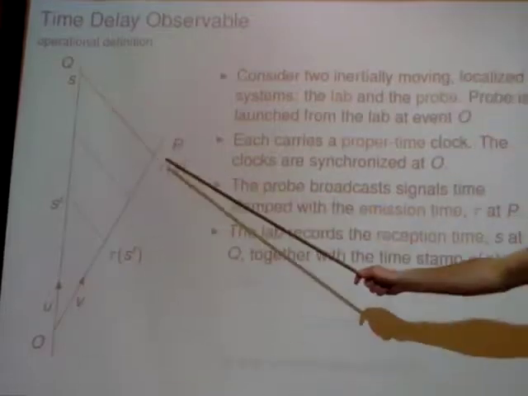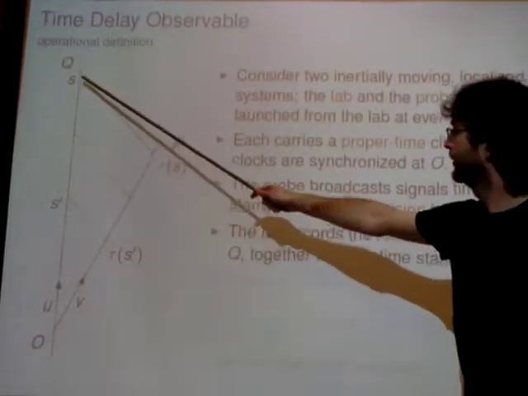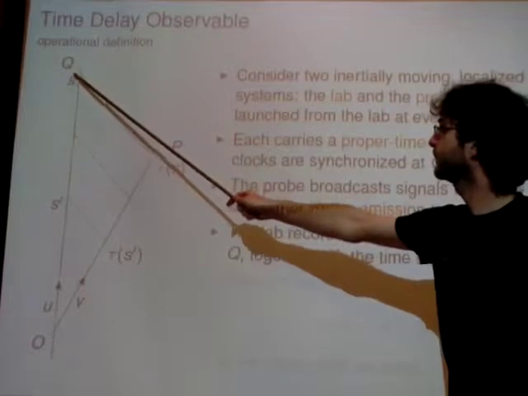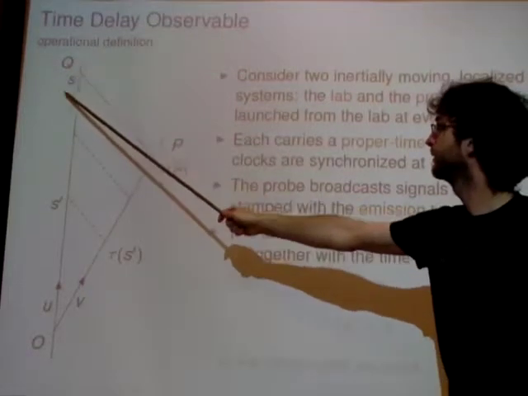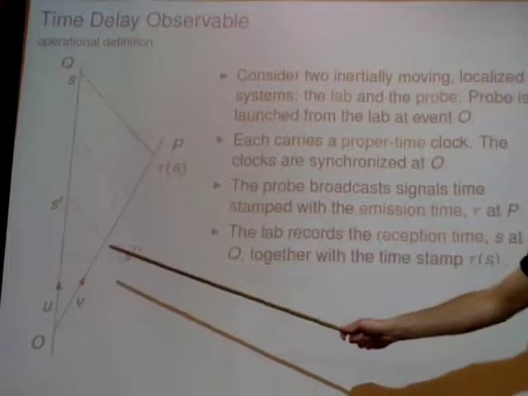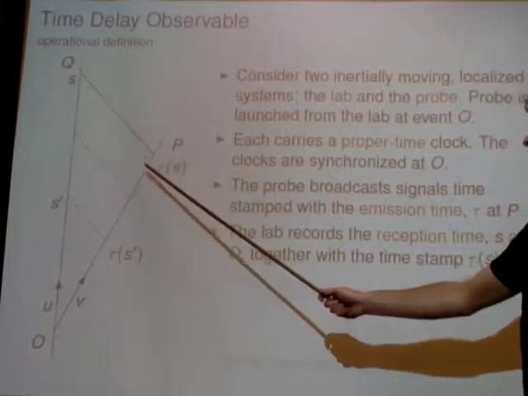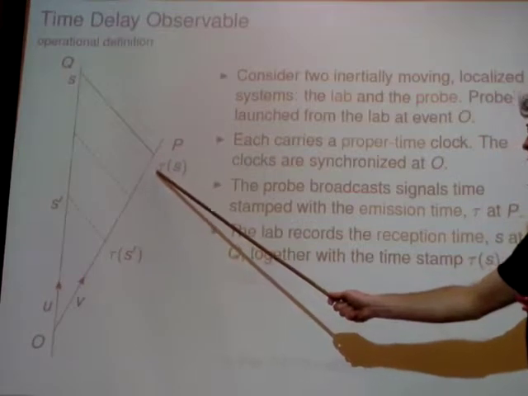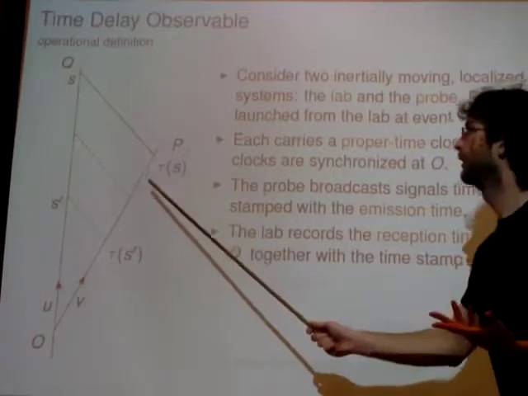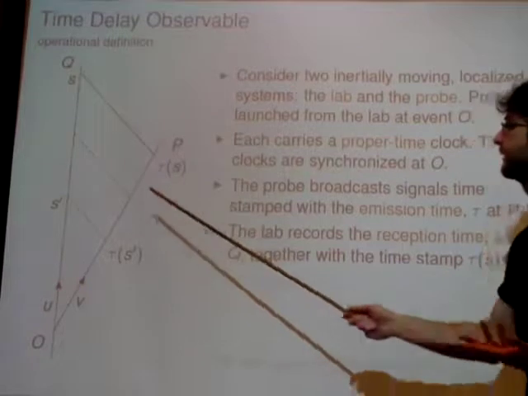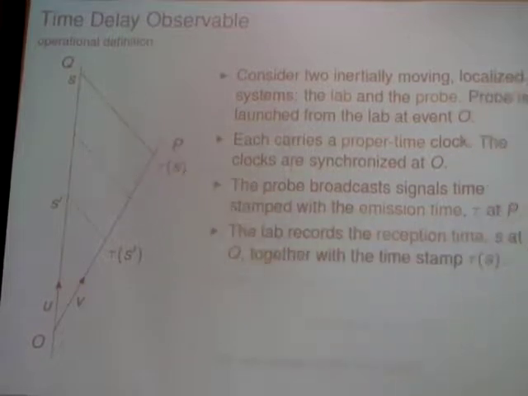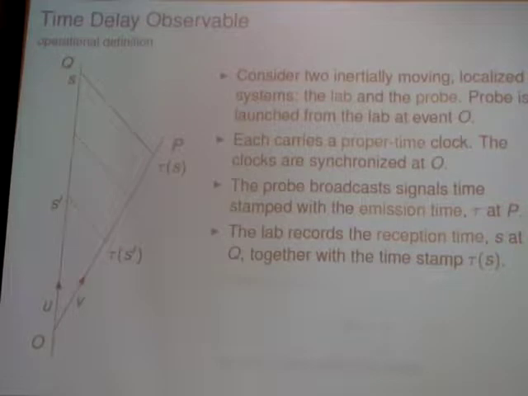Let me call the reception time, the proper time in the lab system, S, and the timestamp that is carried by the signal tau. I wrote tau of S here because the laboratory tabulates, at each particular reception time, a certain timestamp.